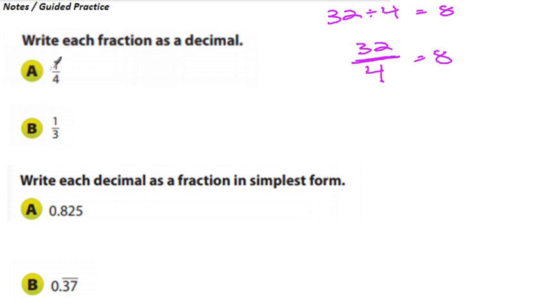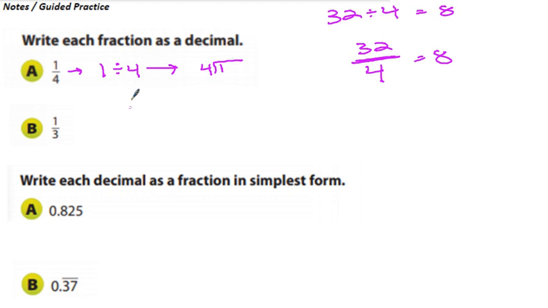So this right here is 1 divided by 4. Now, let's show the process for this first one. You do not need to do this every time, but it's nice to have this in our notes so we see how to set it up. Notice what number goes inside the house.